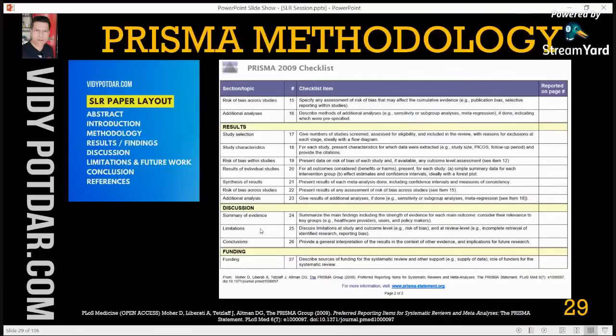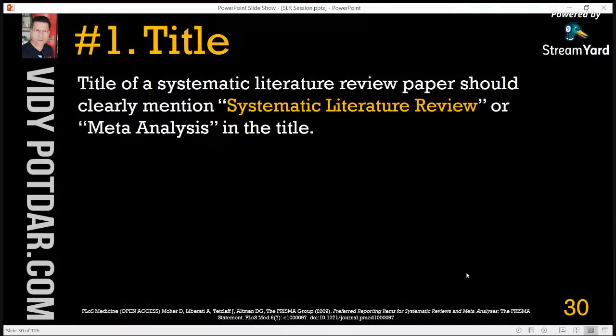Discussion includes limitations and conclusions, and so on. Basically, all these headings that I have shown you are listed in the PRISMA guidelines, and it is the best way to build your systematic literature review paper. Okay, so let's move on. I will now explain each of the items.